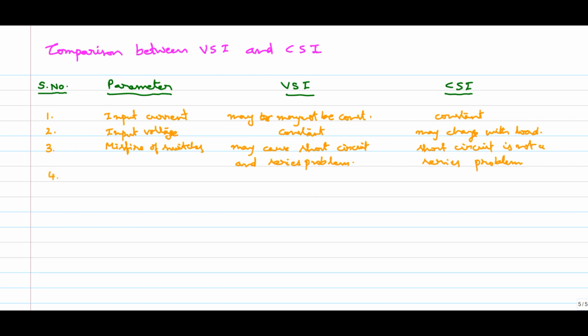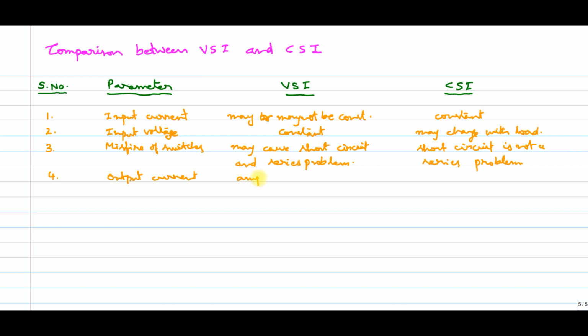Now let's move on to the output side. What will happen to output current? The amplitude and waveform depend upon load. It's a current, so the current is not constant for a voltage source inverter. The output current always depends upon load.